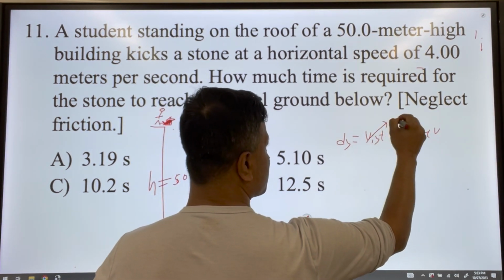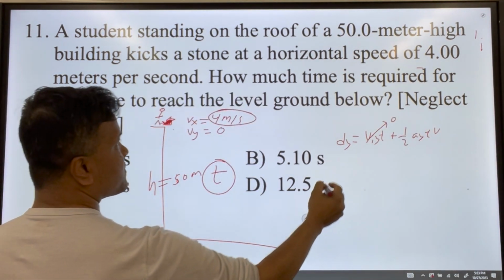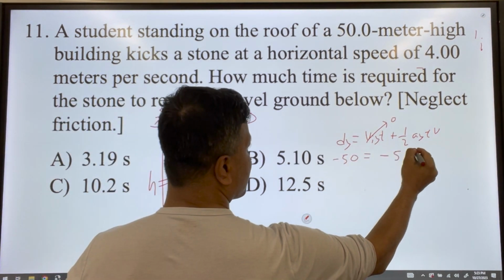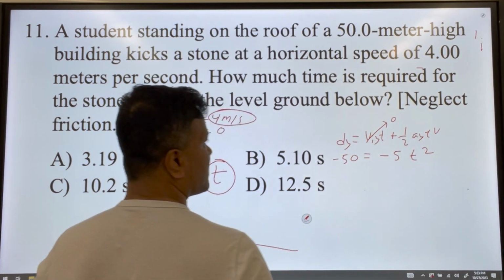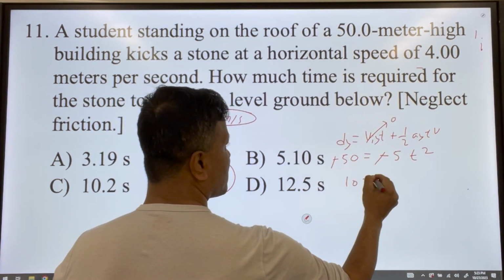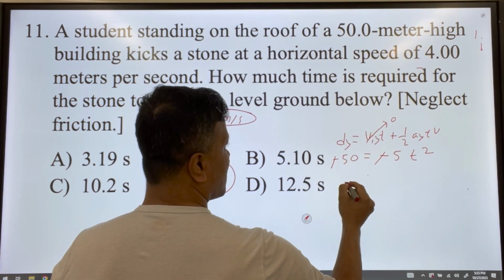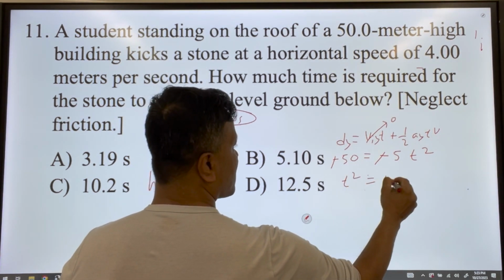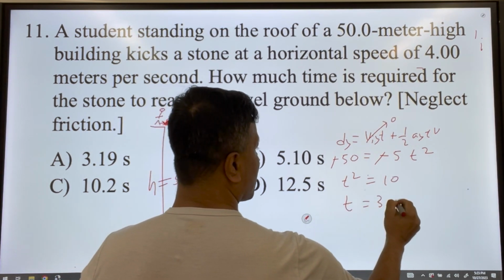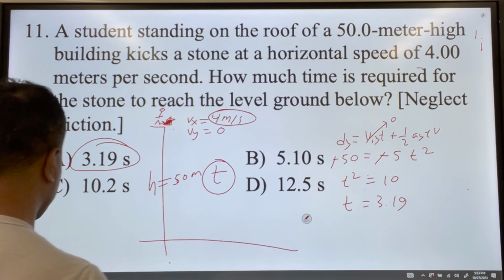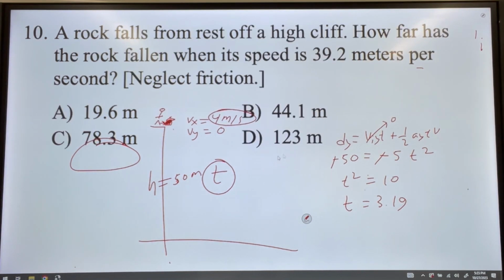Now you know Viy is 0. The building is 50 meters tall, so negative 50 equals negative 5t squared. Negative, negative cancel, so t squared is equal to 10, and t is equal to 3.16. So 3.19. That takes us to problem number 12.